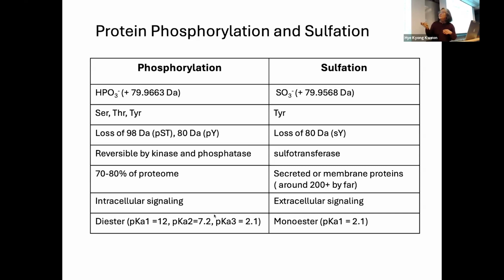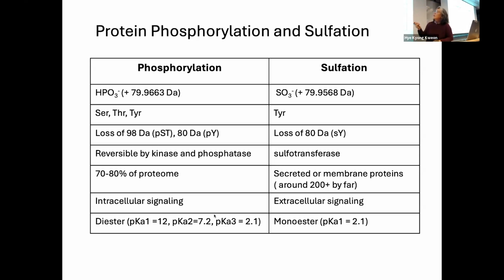Phosphorylation is a reversible reaction by two enzymes, kinase and phosphatase, so it works as a molecular switch to turn activity on and off very quickly and efficiently. That's why biology evolved to use phosphorylation in a lot of processes, including signaling. So it's not surprising that a lot of therapeutic drugs target kinases.